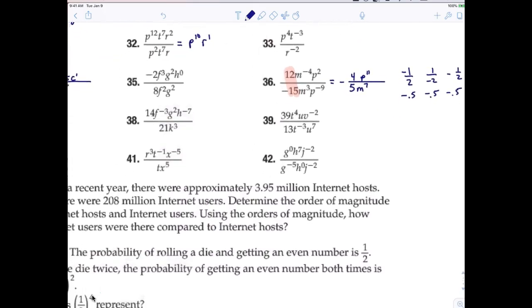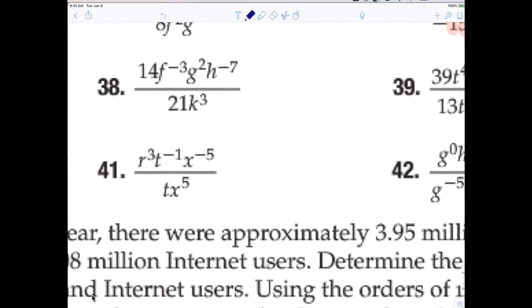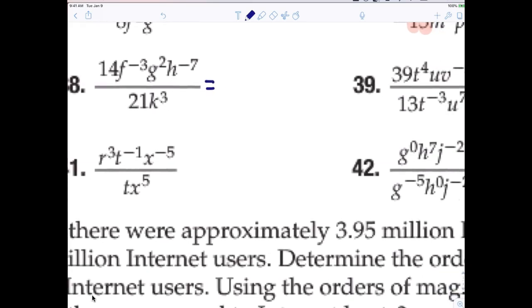All right, so Hanson, let's see if you've been paying attention. Reduce my fraction, please. You could divide it by 7, so that would be 2 over 3. And then it would be 3 on the bottom.